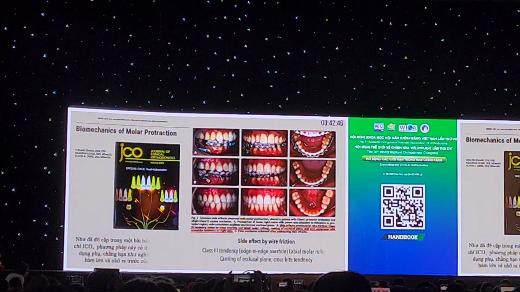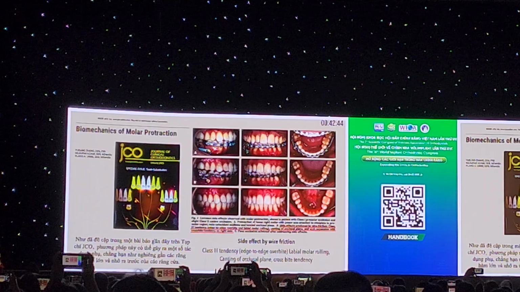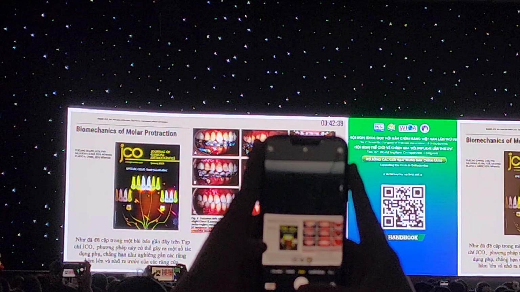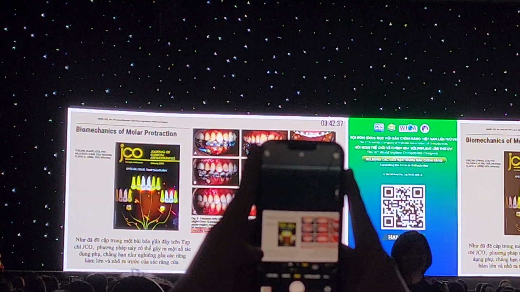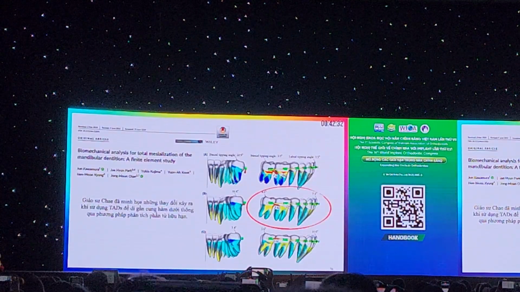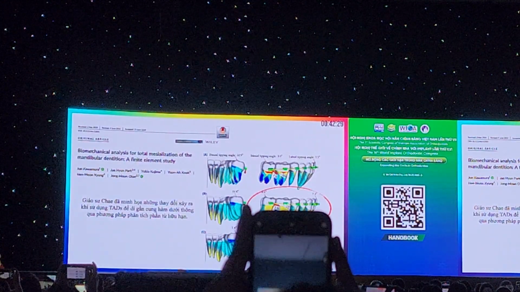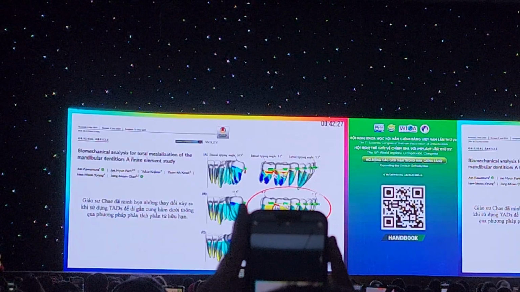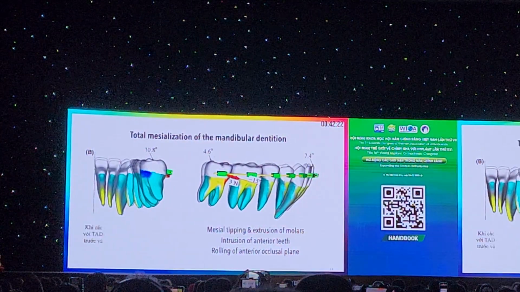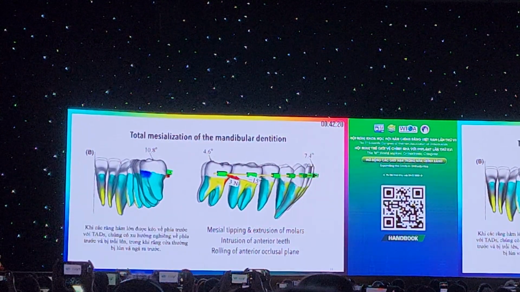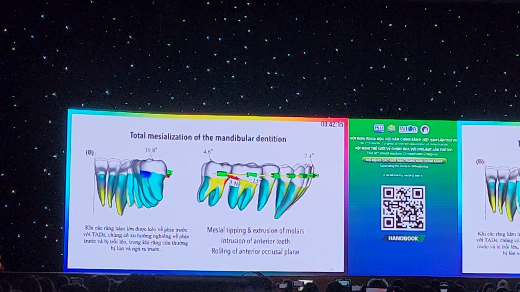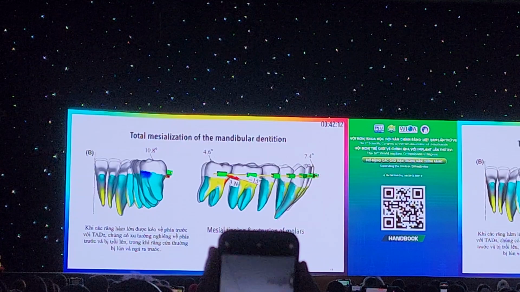As noted in a recent JCO article, there may be side effects associated with this approach, such as major tipping of the molars and protrusion of the incisors. Professor Chu illustrated the changes that occur when utilizing TADs to protract the mandibular arch through finite element analysis. When the molars are protracted with TADs, they tilt forward and become extruded, while the incisors typically exhibit intrusion and protrusion.